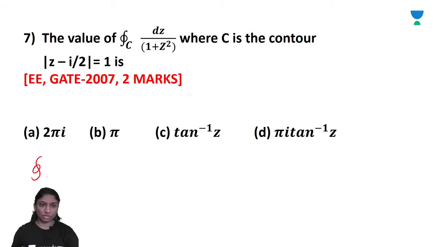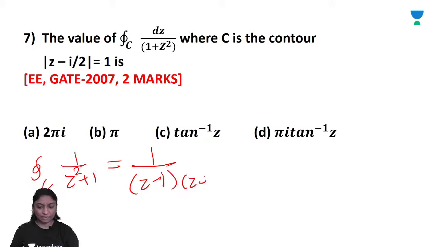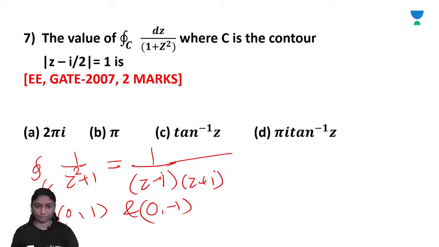So the integrand is 1 upon z minus i and z plus i. The poles at i and minus i are (0, 1) and (0, minus 1), right?